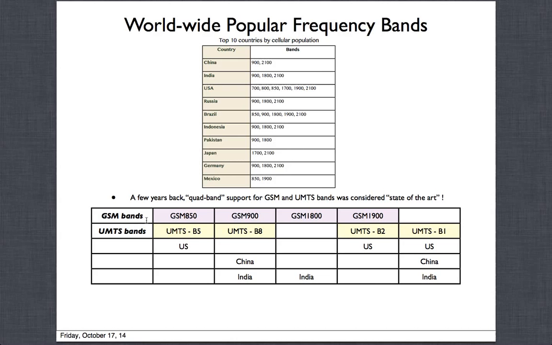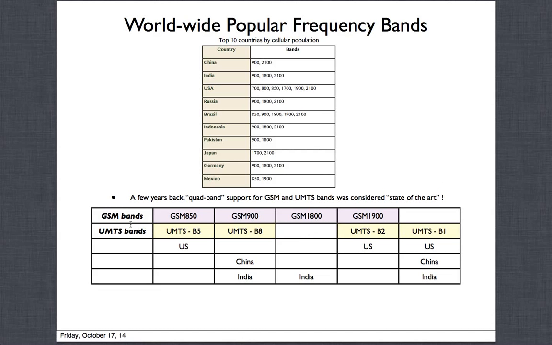Imagine if you had a phone that could support these 4 bands of GSM and these 4 bands of UMTS. That phone would be called a true quad band phone. It is able to support all 4 bands in both GSM and UMTS. This was considered state of the art at that time.